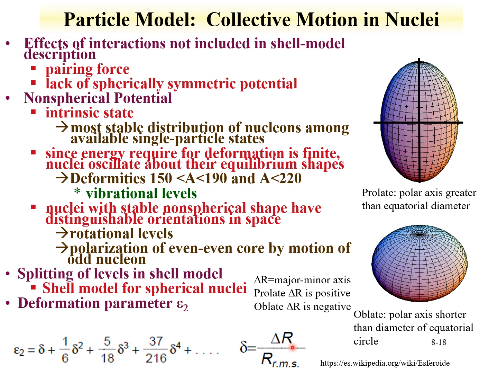The delta term is nothing more than the difference between the axes divided by the root mean square of the axes. So there's a way of evaluating the deformation parameter in terms of the nuclear shapes.